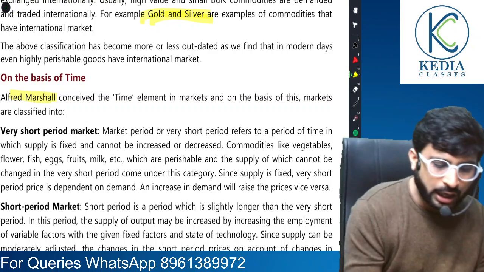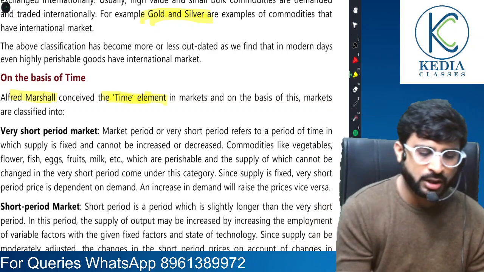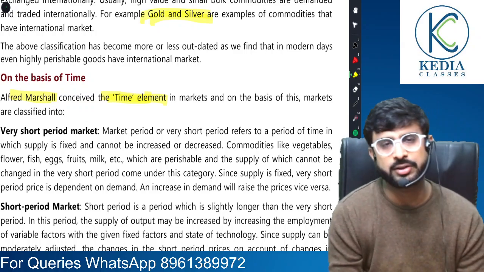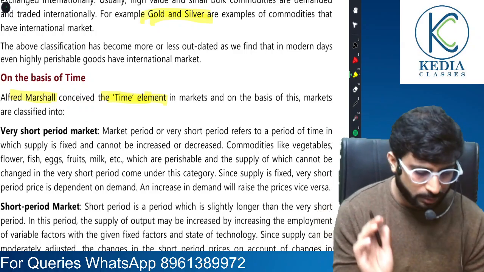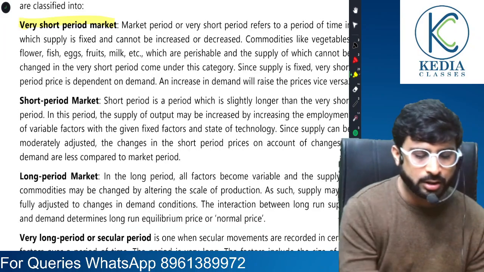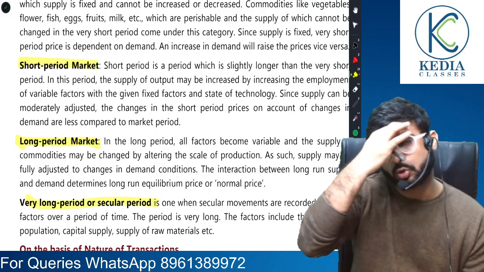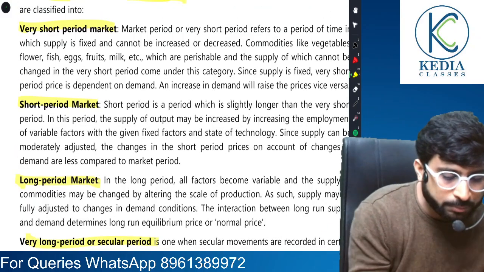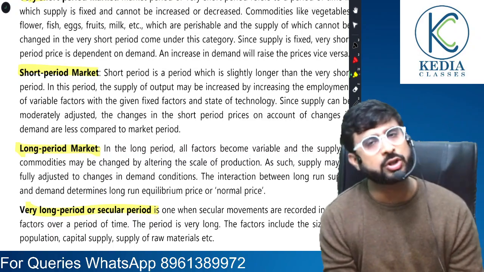So remember, Alfred Marshall conceived the time element in markets. And now, how are markets categorized as per Marshall? Let's pay attention. Very short period market, long period market, very long or secular period. First of all, you got to remember there is very short period, long period, very long period, or secular period.